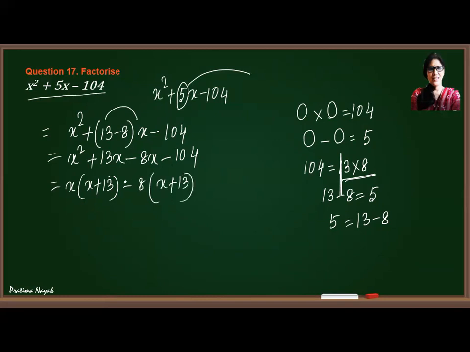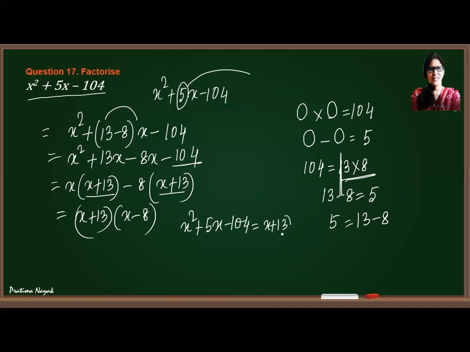When you are taking negative, this will also be positive. So again, x plus 13 taking outside. Here x remains, here minus 8 remains. So x square plus 5x minus 104 is equal to x plus 13 multiplies x minus 8.